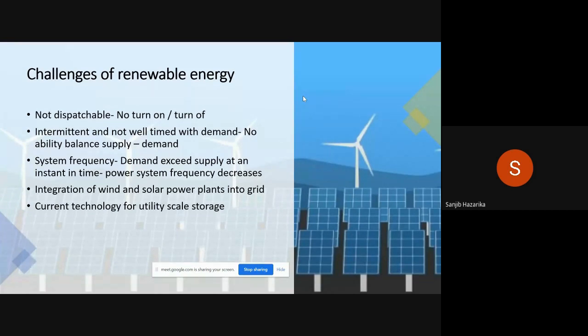Storage can solve some of those problems, but it's not technically viable at this point in time to have industrial scale storage that can hold a very high electricity demand. We can discuss these things later. So these are the challenges from renewables. There will be other challenges as well, but at a high level I'm just mentioning them.